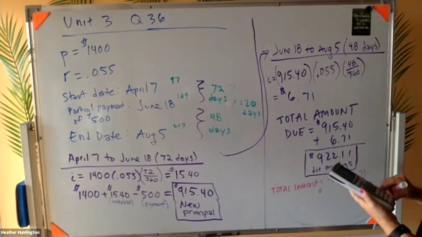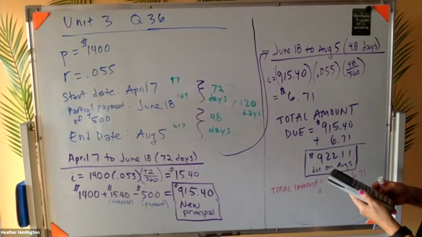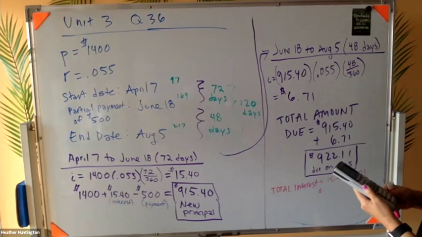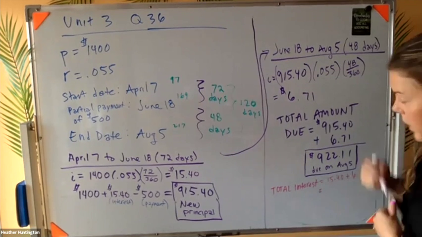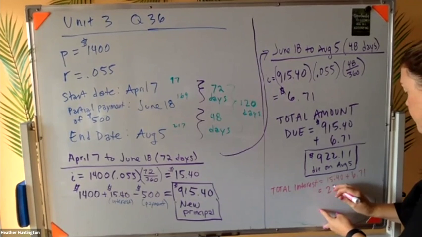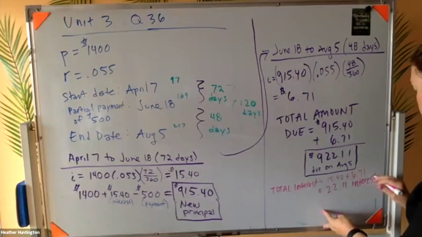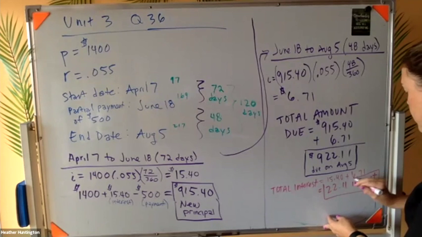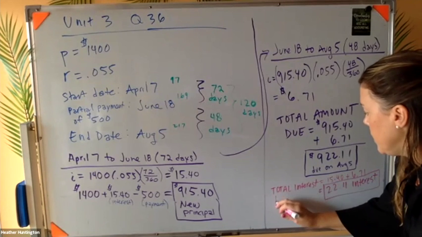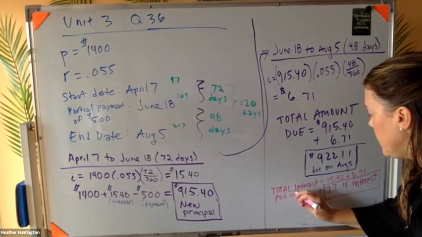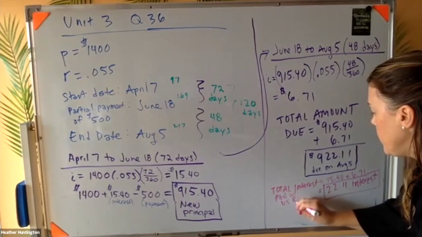And then Sean, I think, got the answer or something close. So this looks like it's $22.11. So this is the total interest paid with the US rule.